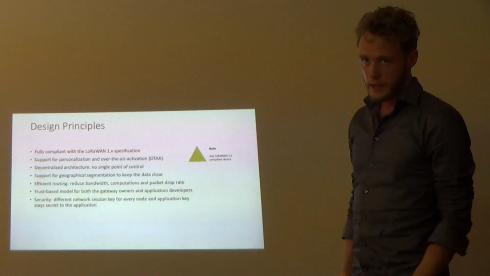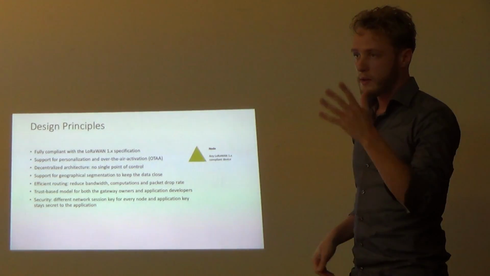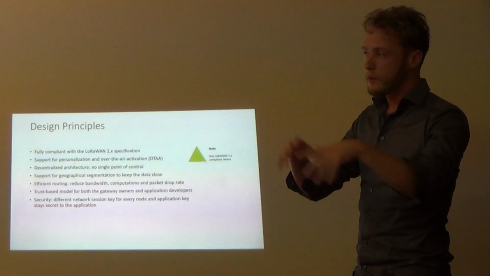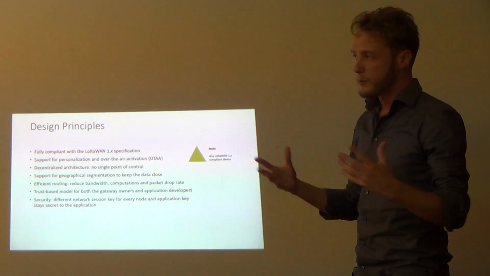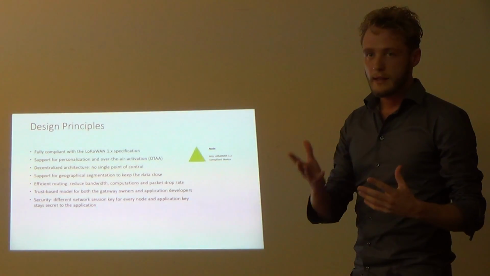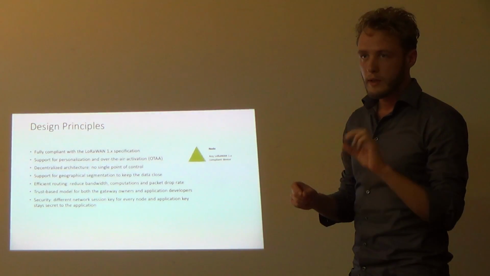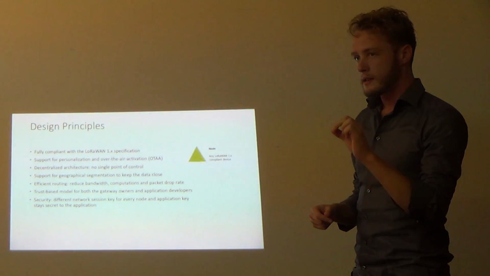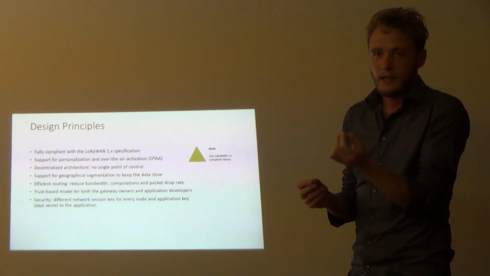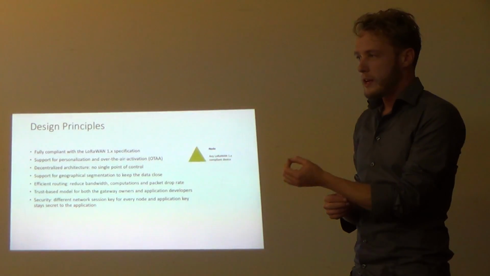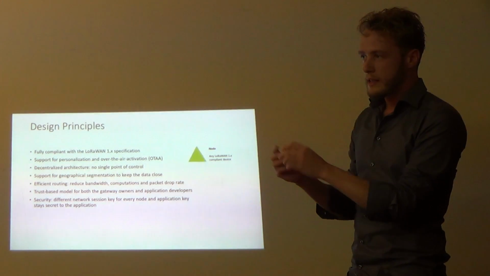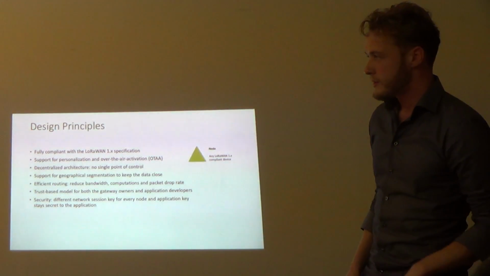So it sends out a join request, and then the network responds with an accept or a non-accept or whatever, and it gets a temporary address. So the key difference is that in the personalization approach, the thing has a static IP address, and in over-the-air activation it's more like a DHCP approach where the thing gets a dynamic address.